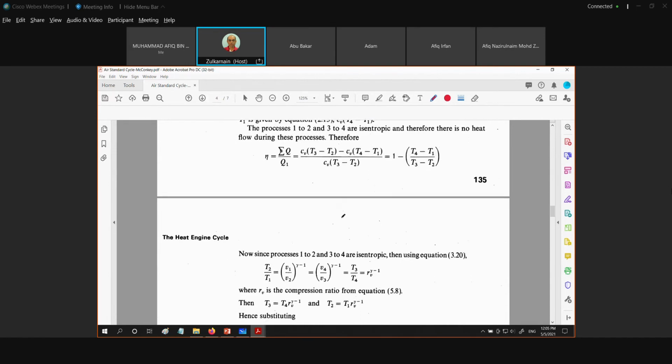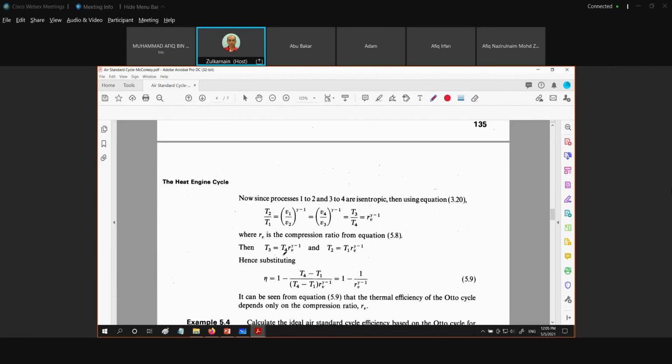And looking at the compression and expansion process, which is the 1, 2, and also the 3, 4, we could write this equation, T2 over T1 as equal to (V1 over V2), which is the compression ratio, to the power gamma minus 1, which is equal to V1 equal to V4, and V2 is equal to V3, because it is isochoric. And this could be written also as T3 over T4 equal to R to the power gamma minus 1.